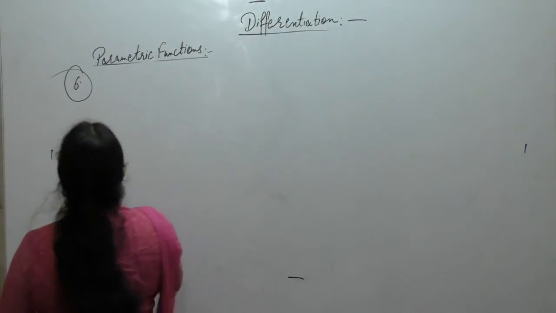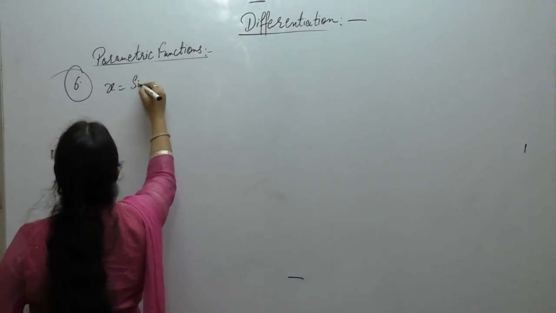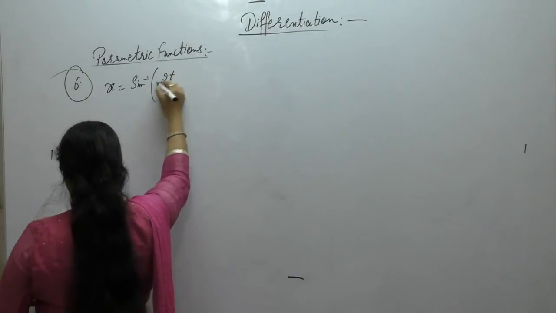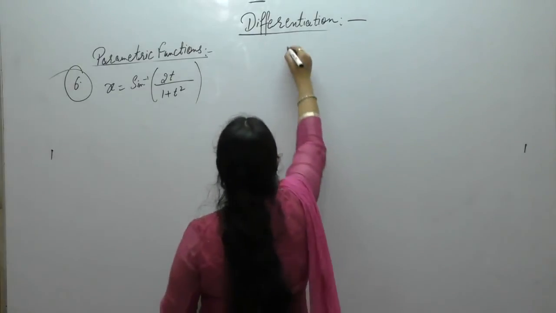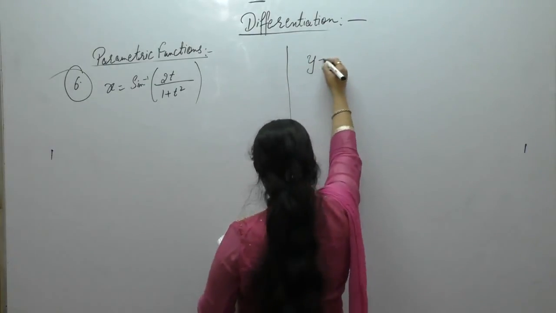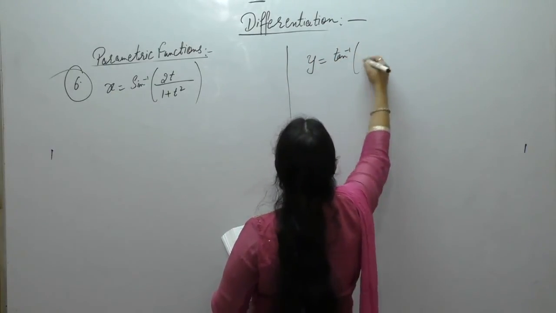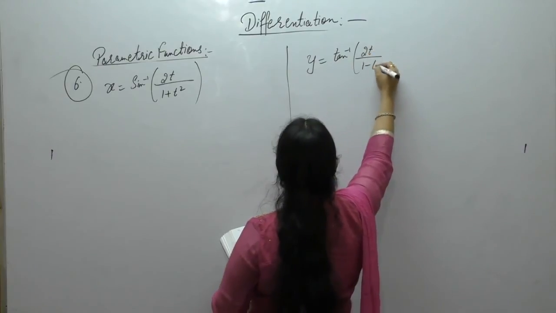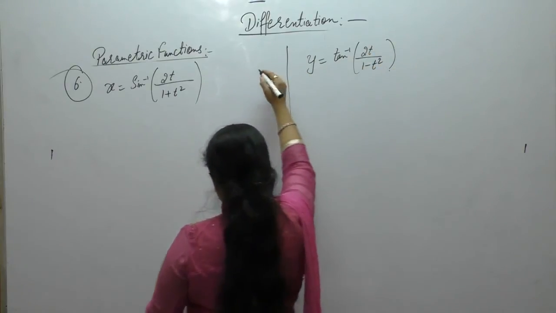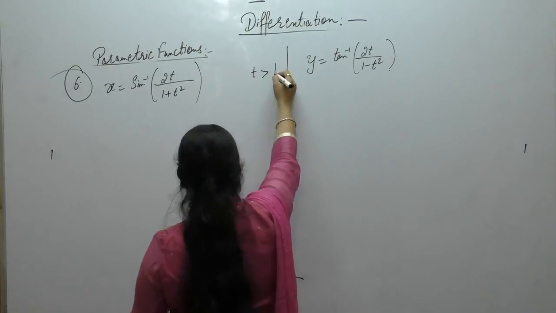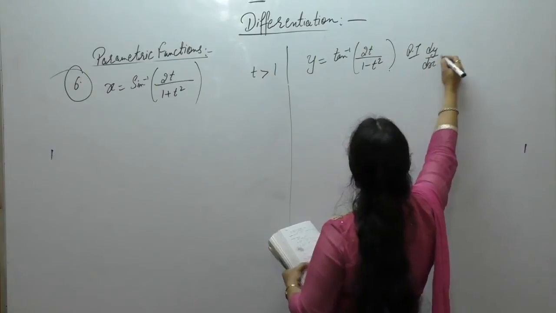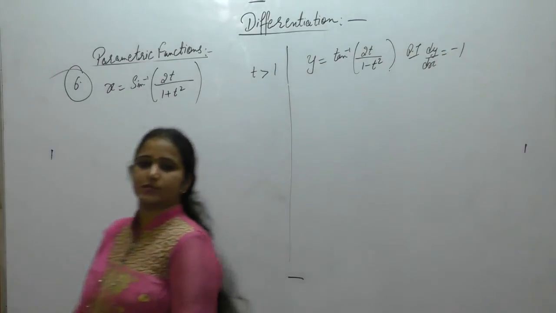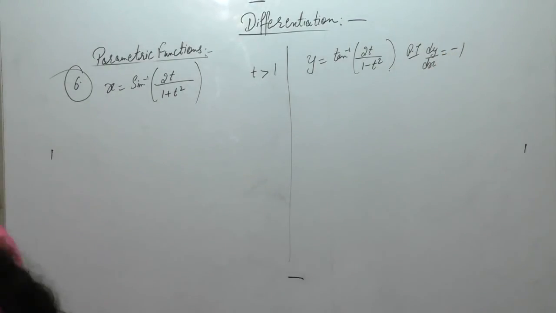If x is equal to sine inverse 2t upon 1 plus t square and y is equal to tan inverse 2t upon 1 minus t square, t is greater than 1, prove that dy upon dx is equal to minus 1.